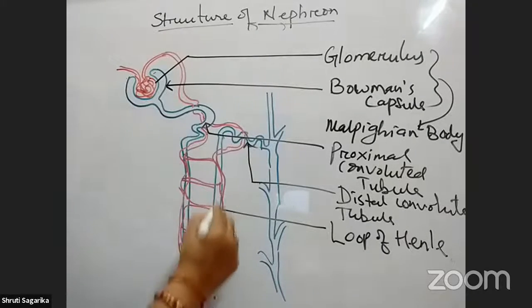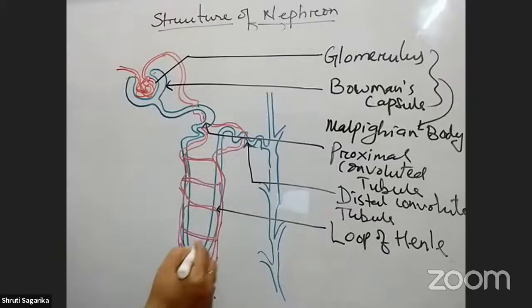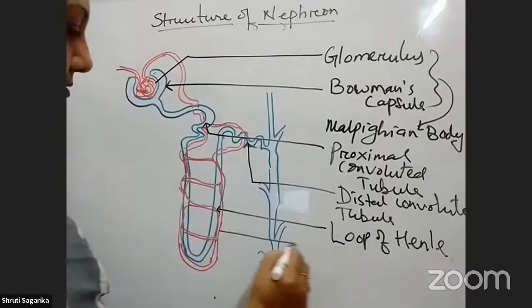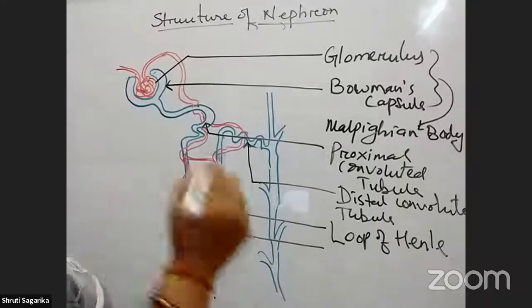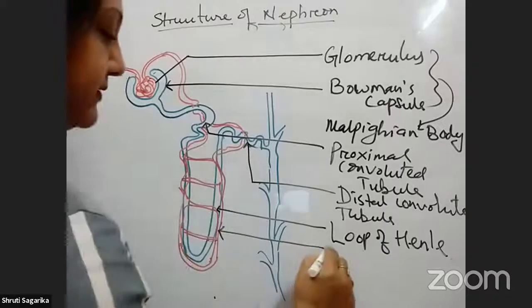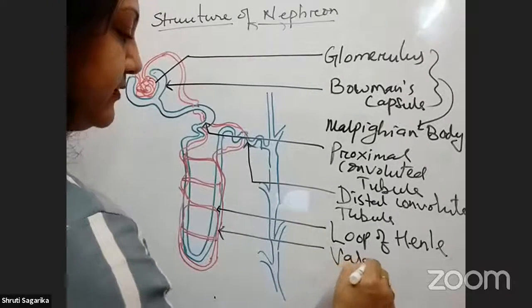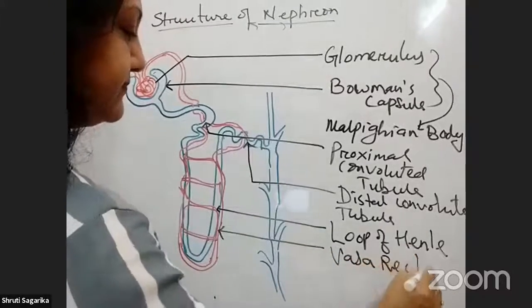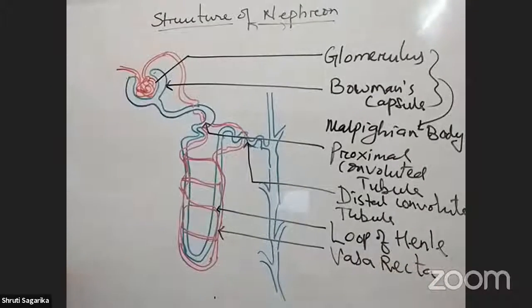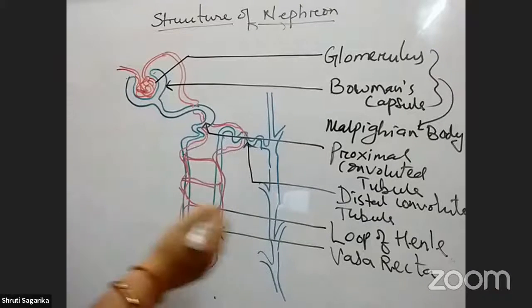These branches of blood capillaries are called vasa recta. They are branches of the renal artery.